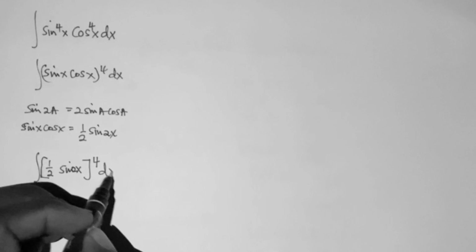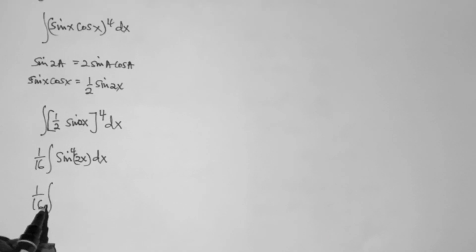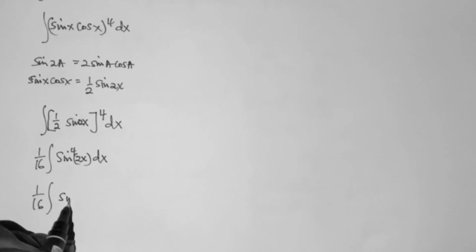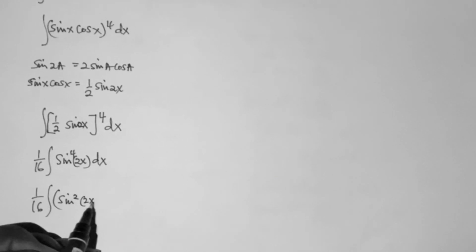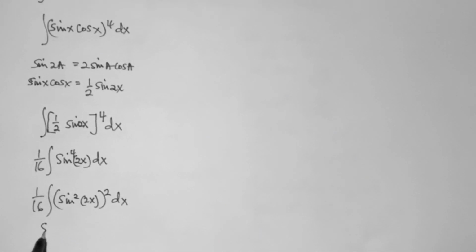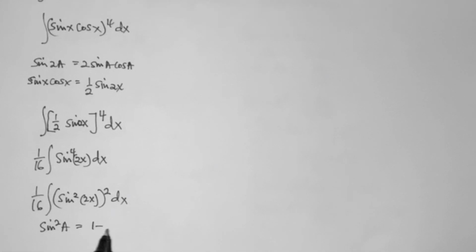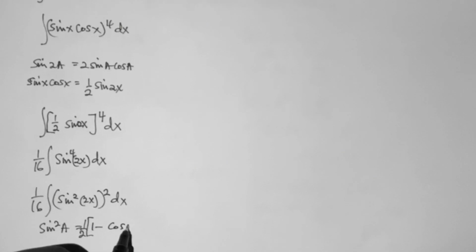So there is a dx here. We can rewrite this as 1 over 16 integral of sine squared 2x, then all squared dx. I know that sine squared a is equal to half of 1 minus cos 2a.